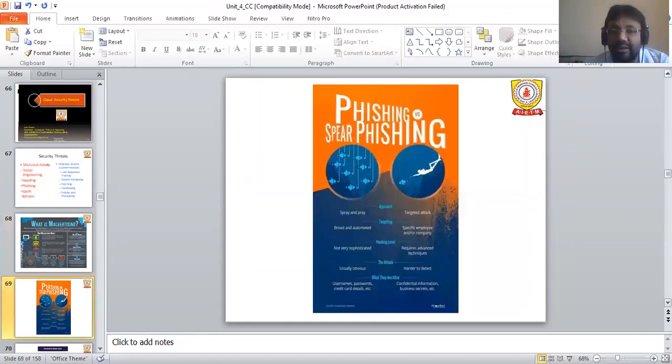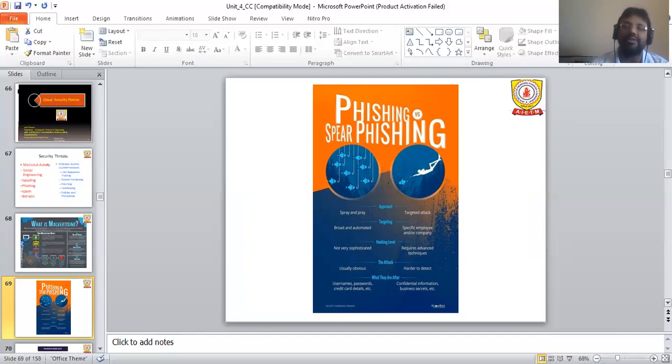Next is phishing. Phishing is generally a targeted attack on specific employees or a company, unlike spray-and-pray attacks that are broad and automated and not very sophisticated. It requires advanced hacking-level techniques, and usually targets usernames, passwords, and credit card details.